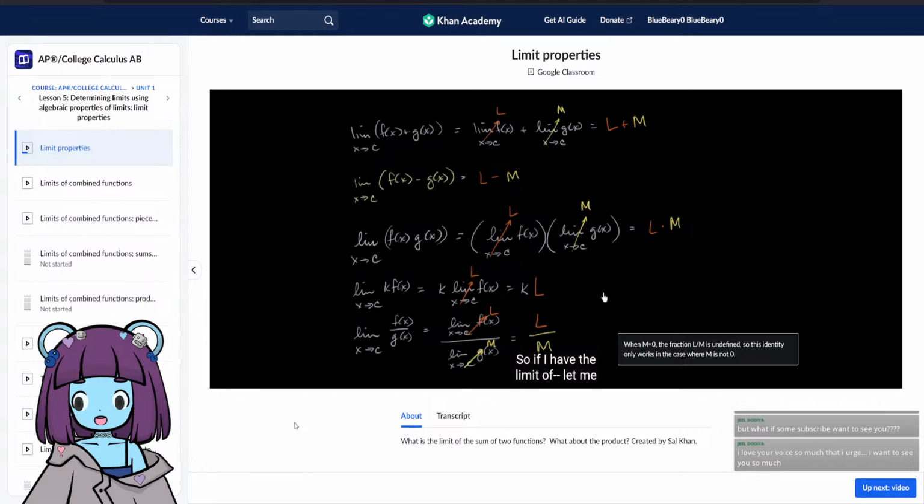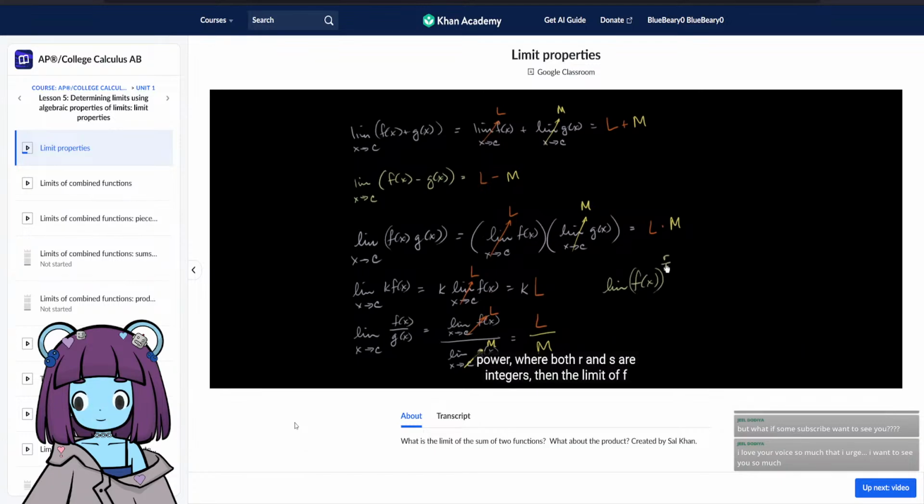Exponent. There's an exponent property. G of x to the g of x power. Oh. They're both integers.